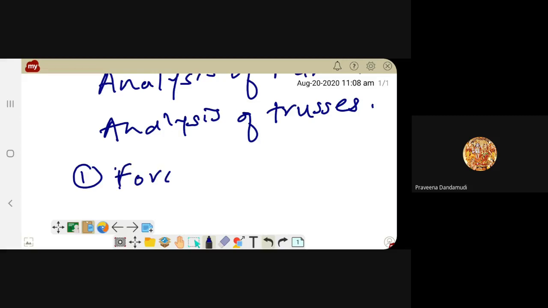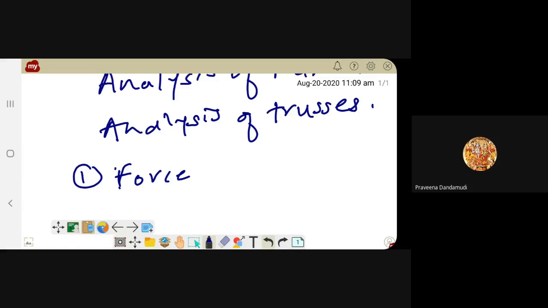If you have a pen as well as a notebook with you, you just write all the introductory part, because I'm not writing anything on that particular screen, so it is quite difficult to write. So I'm just explaining the concept, and you just write down what I'm trying to tell you.